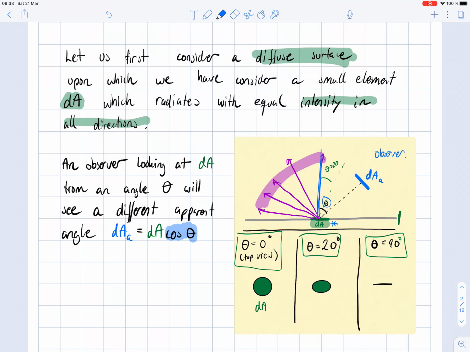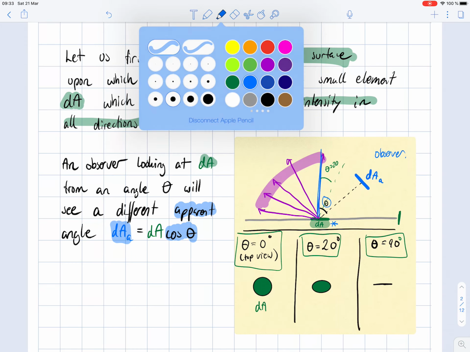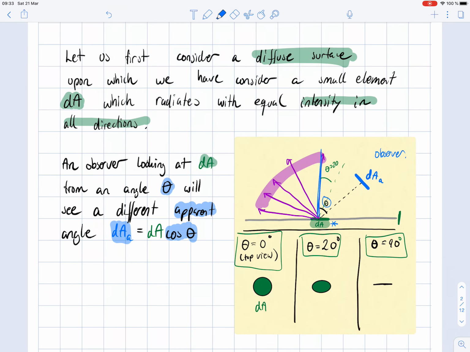So we define this dA_A as the apparent area. An observer looking at dA from an angle theta will see a different apparent area, dA_A, which is equal to the actual area multiplied with the cosine of the angle that we have.